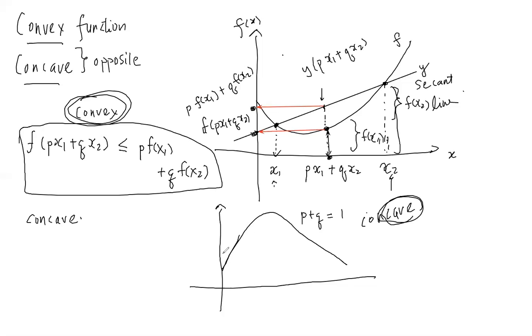So again, you draw a secant line, you have these two values. Again, you have px1 plus qx2. You make a projection here, and you also have a projection here. Let me see. Just a minute.